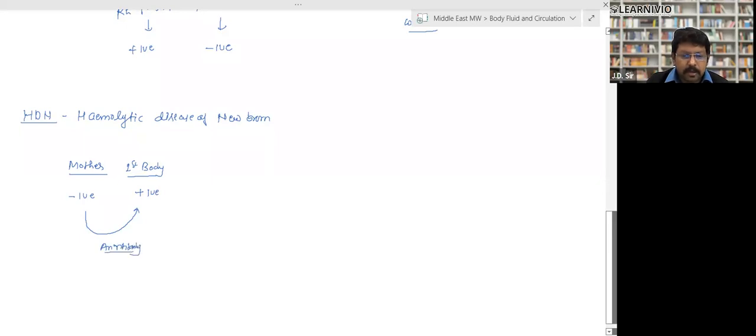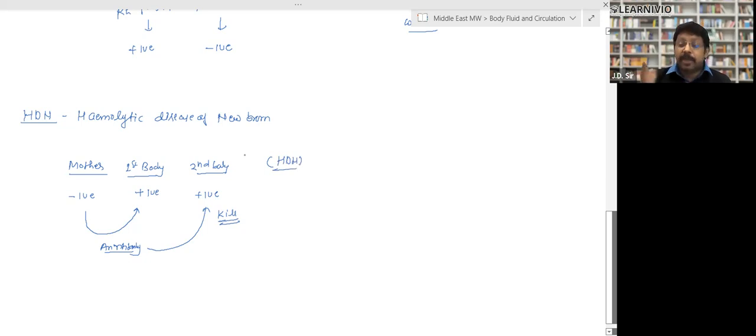But the first baby will survive, right? Now again, the same mother has a second baby. The second baby is also with positive blood group. Now the mother already has antibody against the positive blood group. These antibodies will kill the second baby. And this disease is called HDN, right?